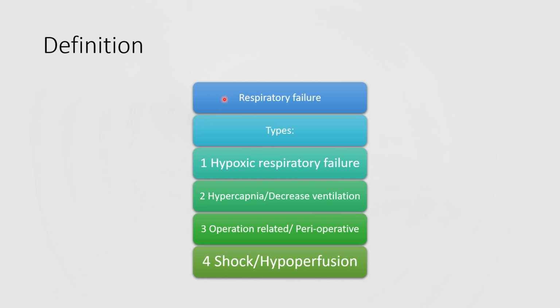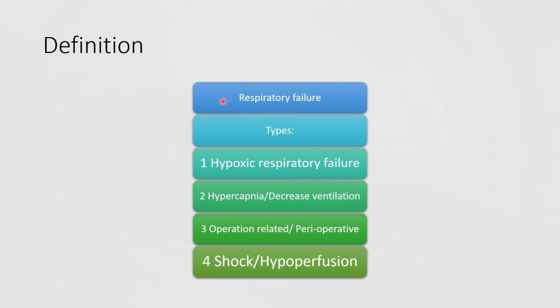Let's quickly define some terms in respiratory failure generally. What is respiratory failure? Normally, we all breathe in oxygen and breathe out carbon dioxide. But in respiratory failure, that normal cycle is impaired.